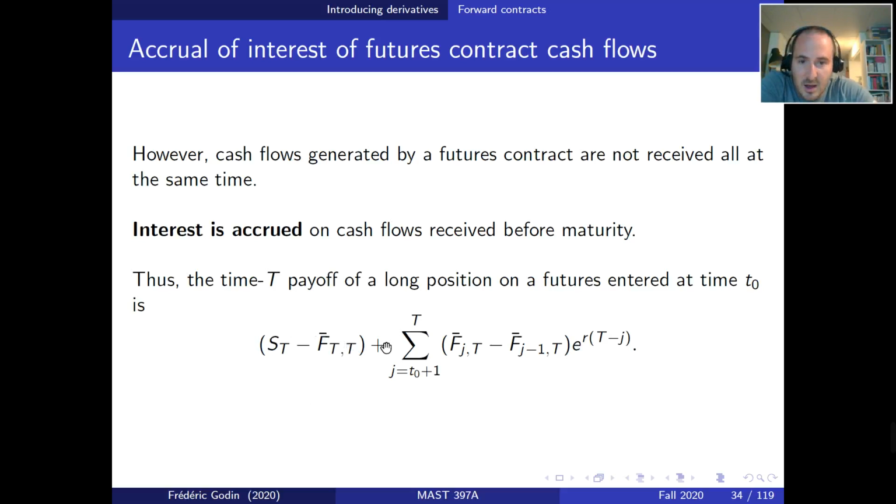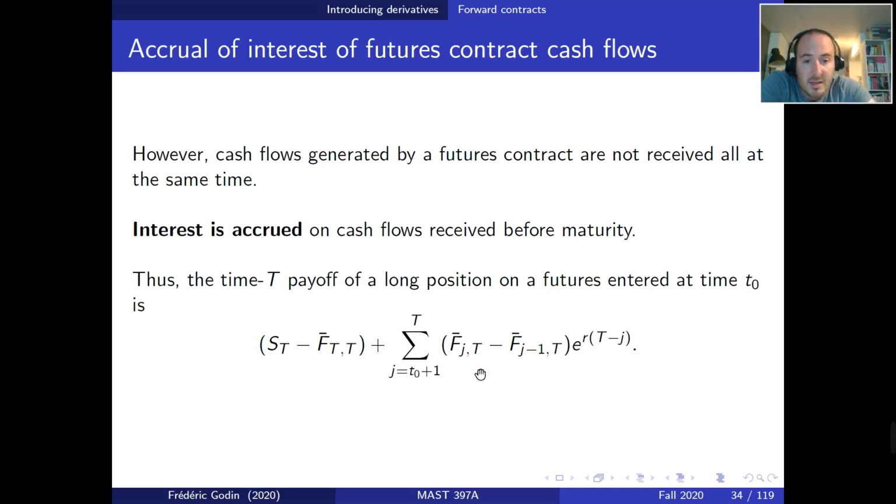So this is the cash flow at maturity time capital T. You accrue no interest on it, and these are all cash flows received in previous time steps than the maturity.